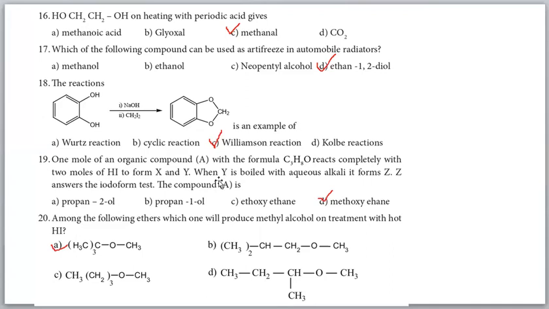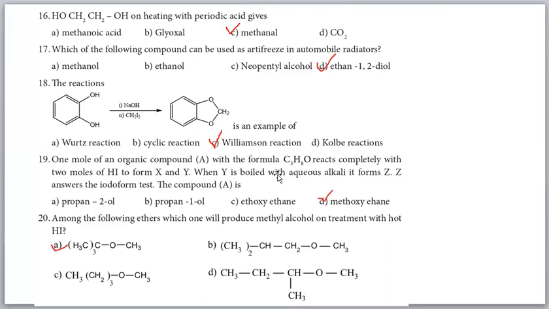So ethyl methyl ether reacts with HI to form X and Y. So one compound is methyl iodide, another is ethyl iodide. When X is boiled with aqueous alkali, it forms Z, that is methanol or ethanol. These 2 compounds are possible.